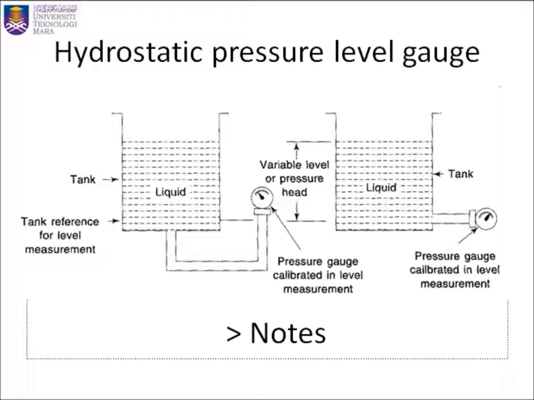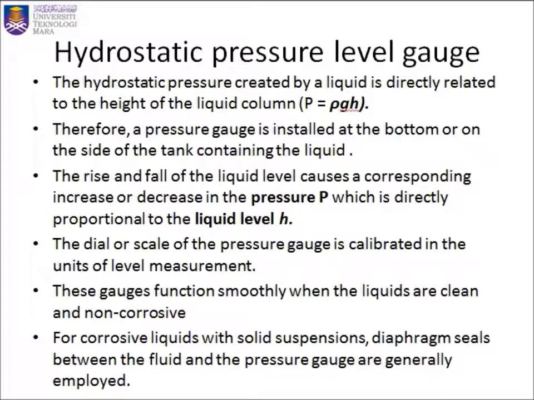Okay, so the first one is the hydrostatic pressure level gauge. Okay, so as you can see here, there is a tank, a reference for level measurement, and also a pressure gauge calibrated in level measurement. So how does it work?